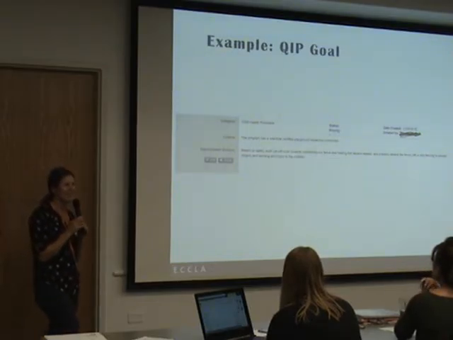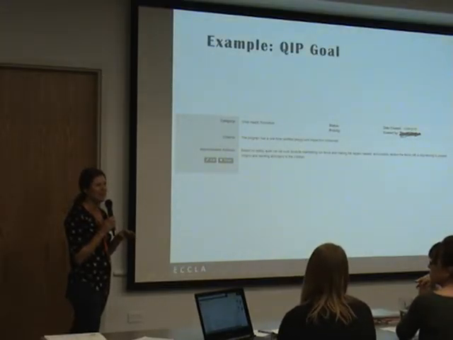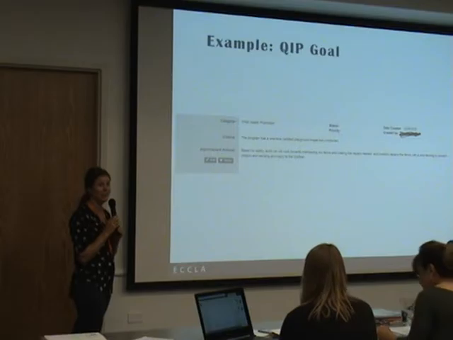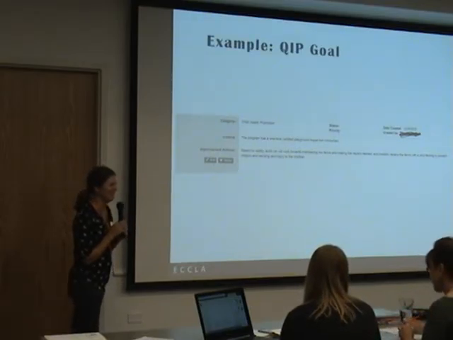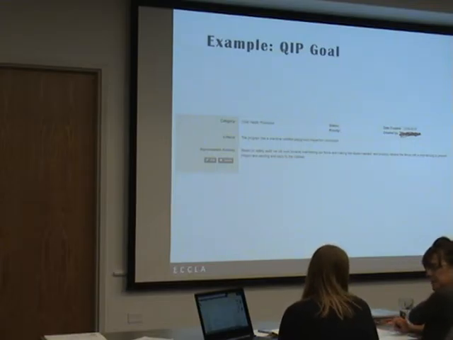And then once you have your answer of yes or no, turn to a neighbor and just have a quick conversation about how you would improve this goal. If you were working with a program, how you would rewrite it.